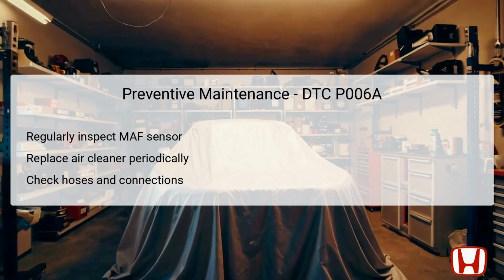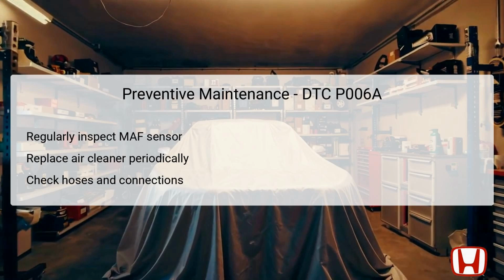Preventive maintenance is key to ensuring long-term reliability for your Honda Accord, particularly regarding the MAF sensor and air intake systems. Regularly inspecting the MAF sensor for any signs of wear or damage can help in catching issues before they escalate into more significant problems.